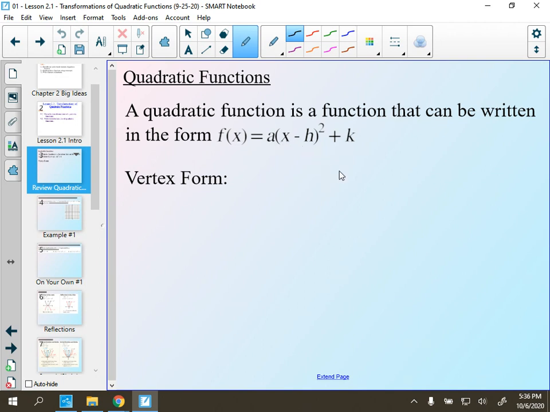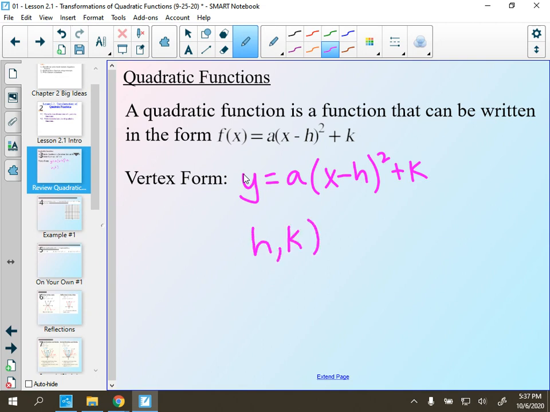The big note is that, and I'm just going to rewrite it so I have it here in front of us: y equals a times the quantity x minus h squared plus k. These would all be numbers at some point, a, h, and k. But when I see something in this form, we know, or we will hopefully come to know, that the h and the k are the coordinates of the vertex.